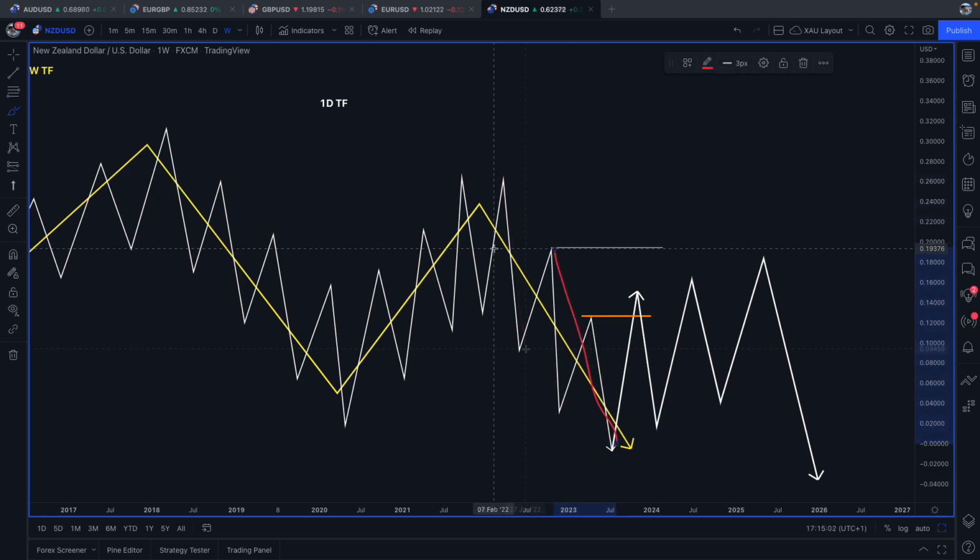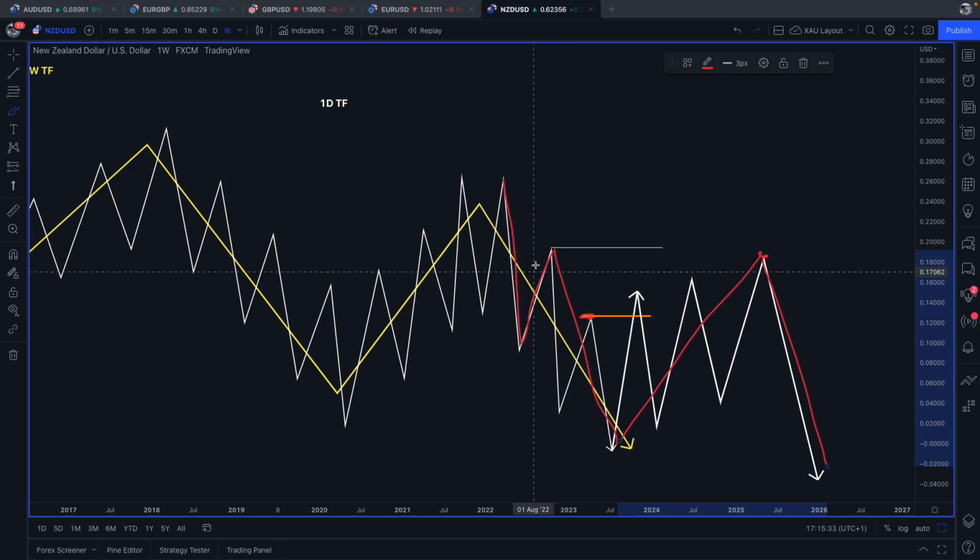That is the impulse. So if we follow the structure again, it is actually just this. So we have a high set, a lower high, a lower low. That is the structure that's followed, because this here is just part of the impulse that is taking place. Now the retracement that comes up, yes, it comes up to this point, and then we go on to set a lower low.